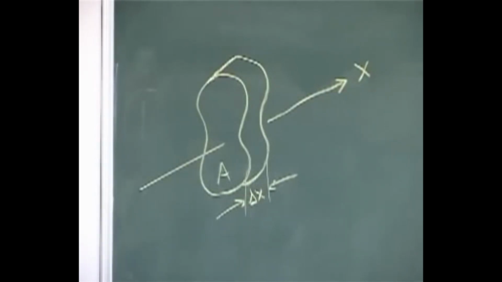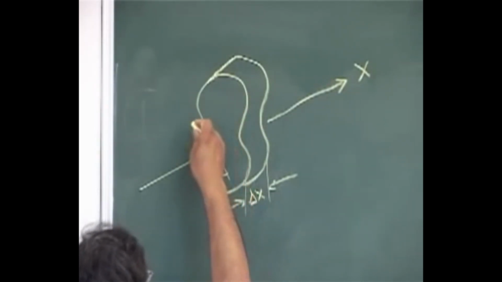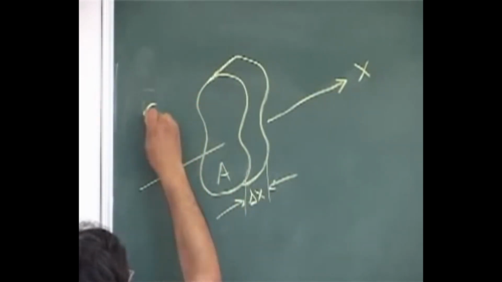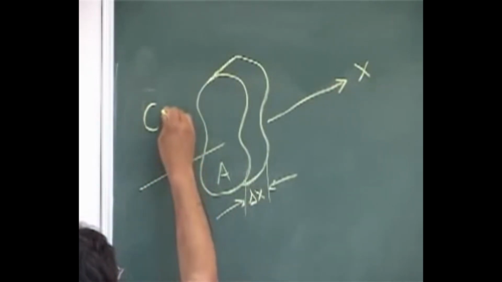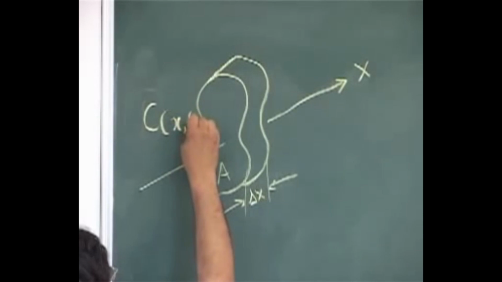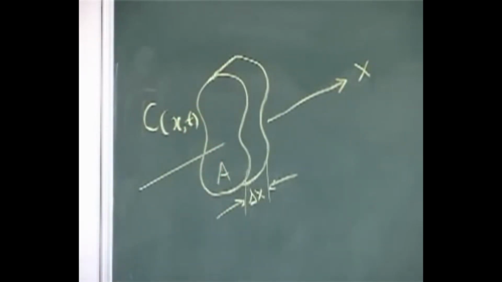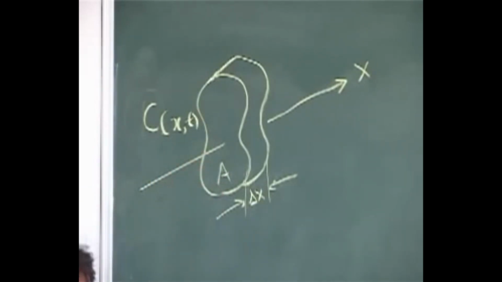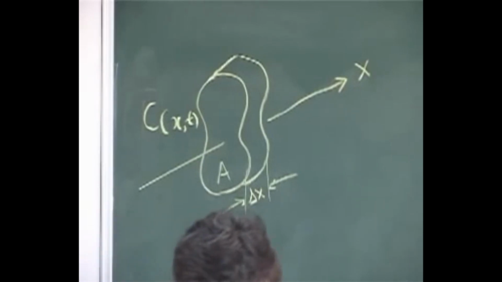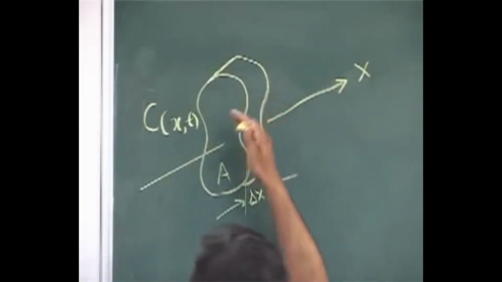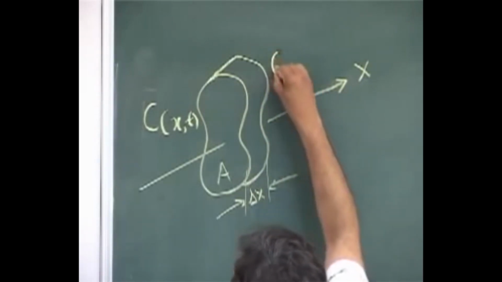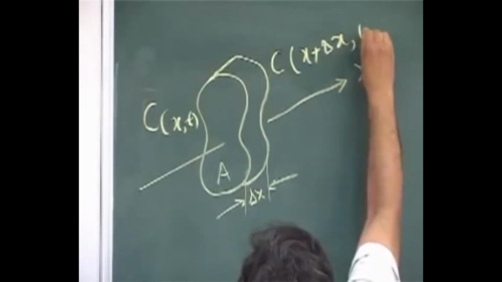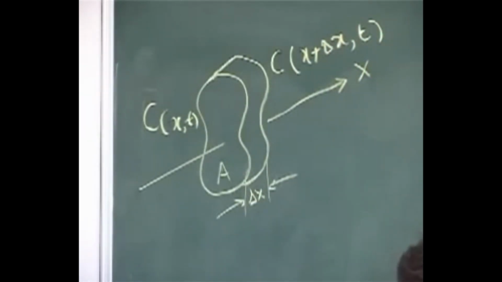C is the concentration at this point, at x and t. C has two domains: it can be a function of x and a function of t. And on this side of the strip, C will be at x plus delta x and t.